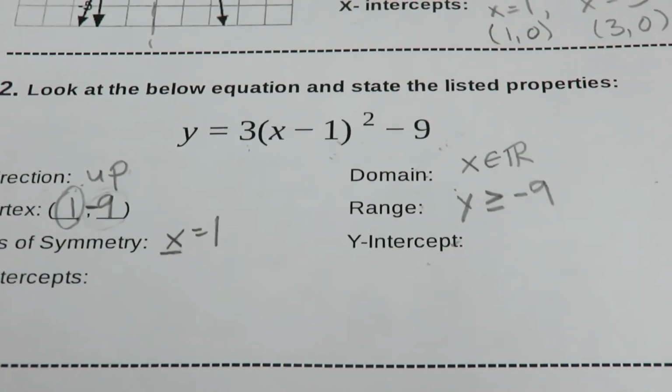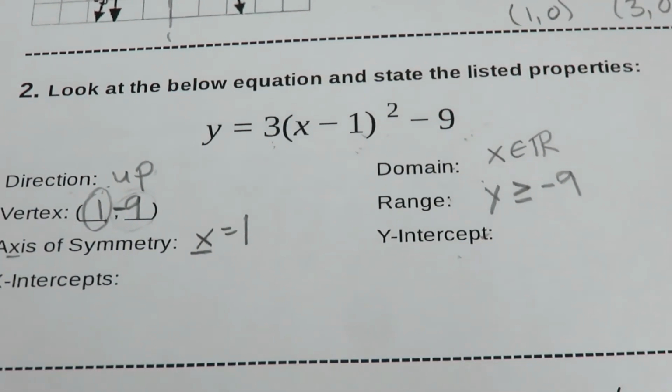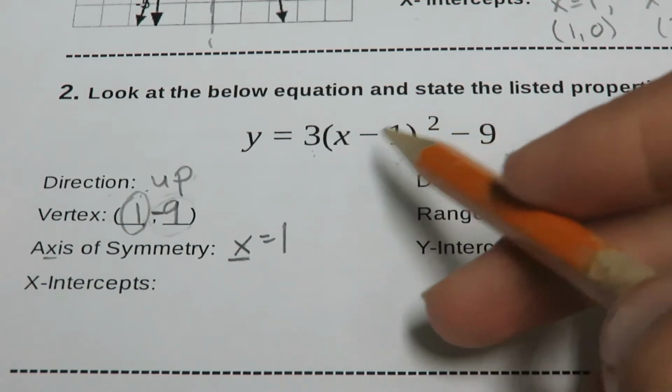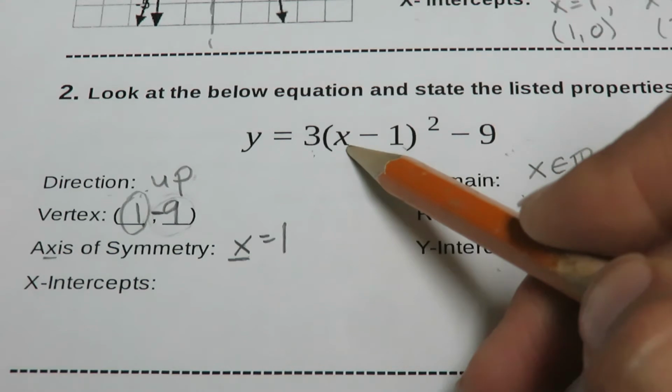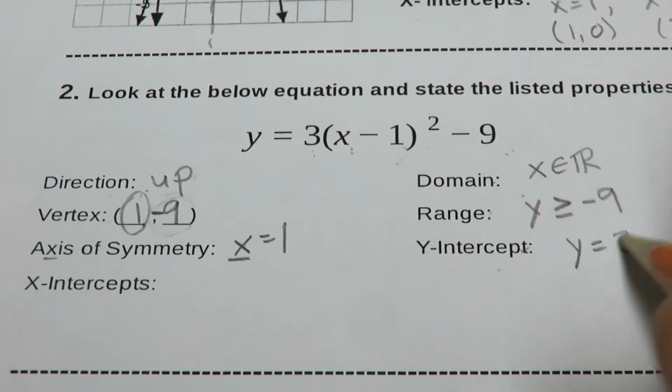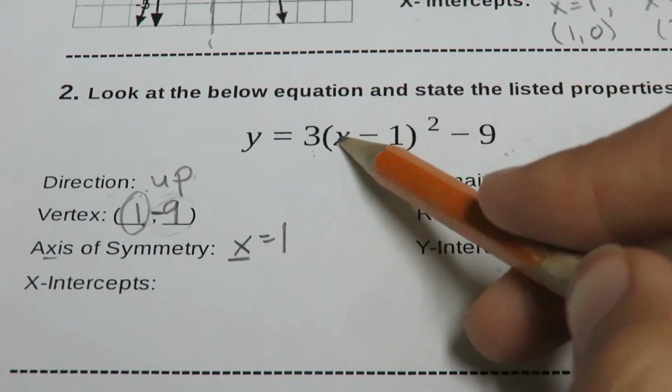So if I'm looking for the y-intercept and all I have is the equation, what I want to do is write out the equation, but remembering that I know that x is 0. So I can write it out, y equals 3 times 0 minus 1 squared, minus 9. That 0 is what the x turned into.